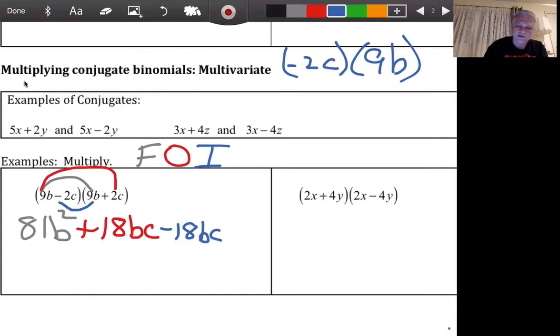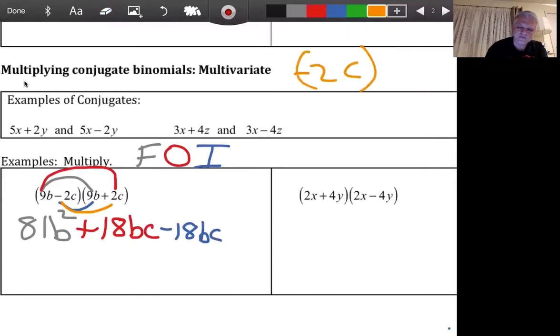All right, and finally, the last: minus 2c times plus 2c. So negative 2 times 2 is negative 4.